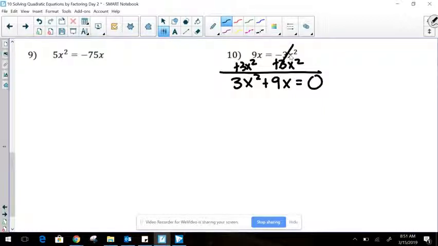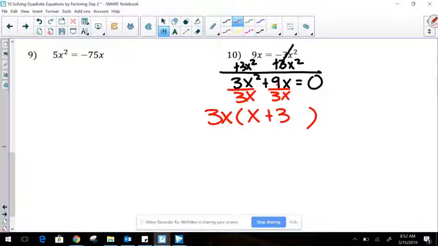This is like that last problem we just did. I have an x squared term and an x term, so I can't use the trinomial method. I don't have a third term. So again, I'm going to use the GCF method and divide both of them. I can take a 3 out of both and an x out of both. So 3x, parentheses, and I'm going to divide. x squared over x is just x. 9 divided by 3 is 3, and those x's cancel.